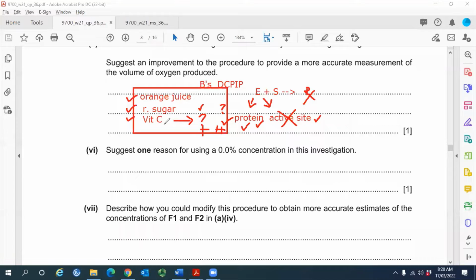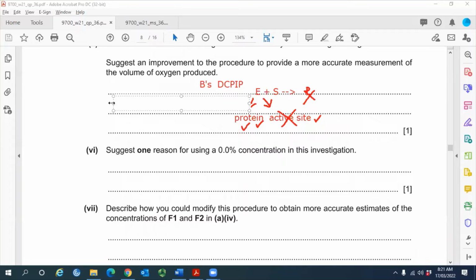So I got reducing sugar. Sorry, this is orange juice.